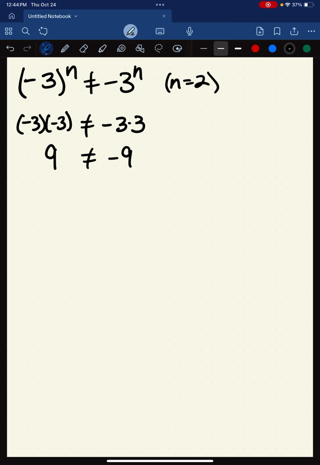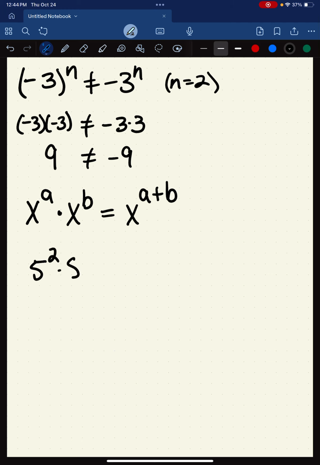So that brings us to the first rule of exponents that we're going to learn. It's the power rule, or the product rule. If you have x to the power of a, we multiply by x to the power of b. That's going to give us x to the power of a plus b. And we can see this pretty easily. Let's say 5 squared times 5 cubed.